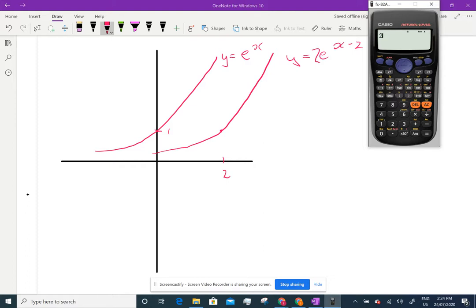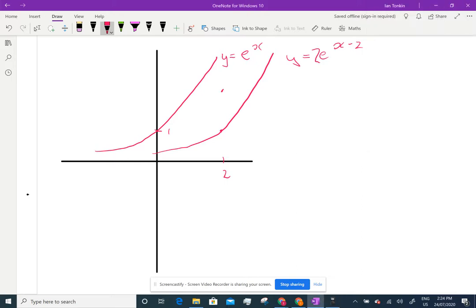So 2 times, now to get e, you just go shift and over here to the LN button, and you get e. And we want e to the 2 minus 2. We want to find out what happens when x is 2. When we hit return, it's 2. So it's moved up 2 spots, so it's there.